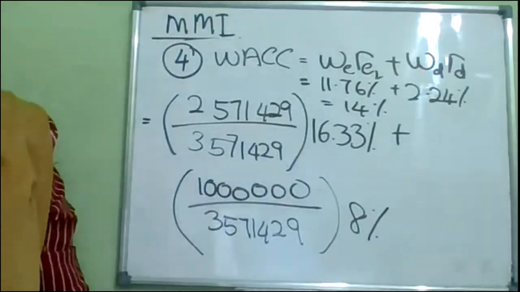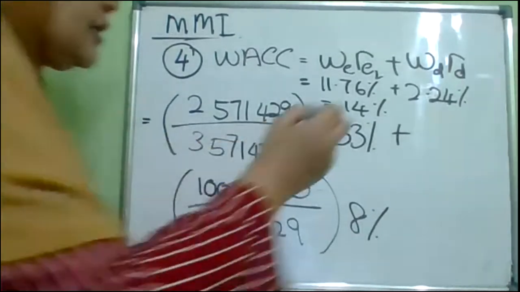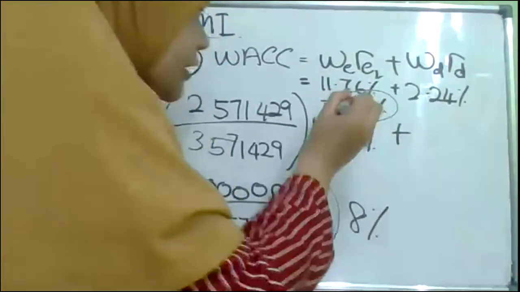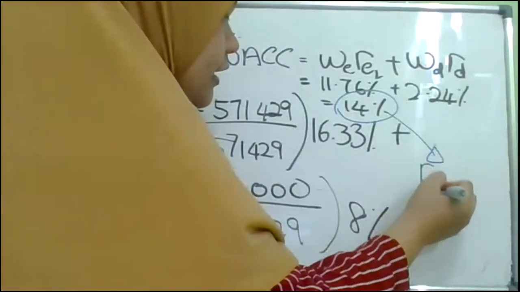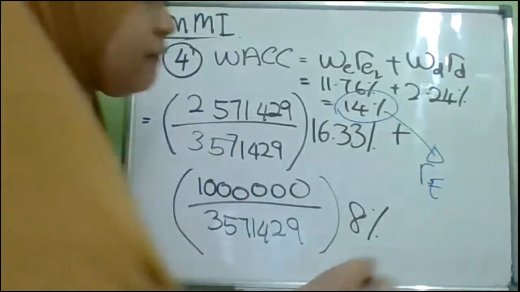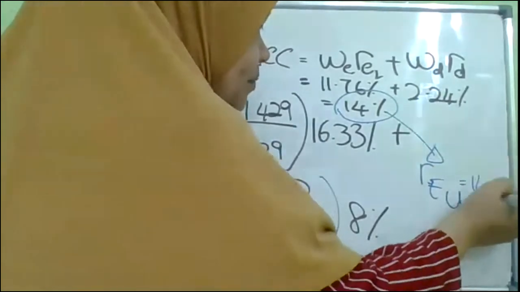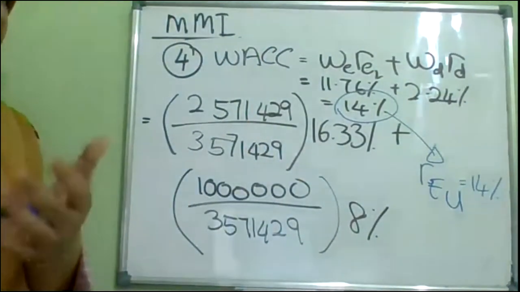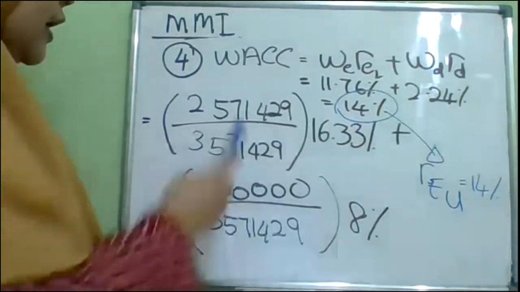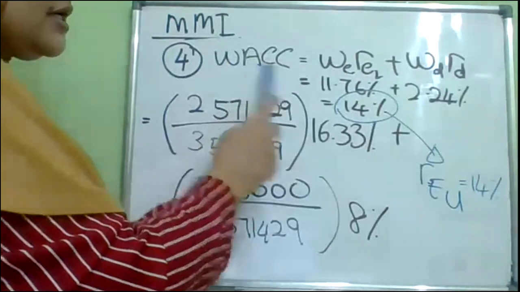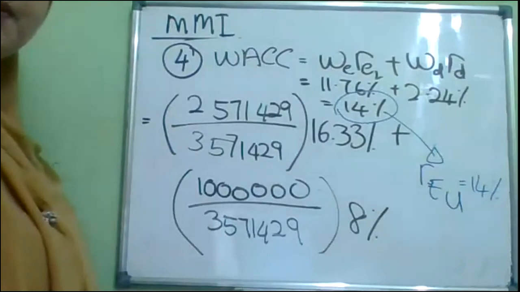So this 14%, why is it 14%? This answer should be the same as the cost of equity of the unlevered firm, which is 14%. So you have to show this. In proposition 1, this WACC should be the same as the cost of equity of the unlevered firm.